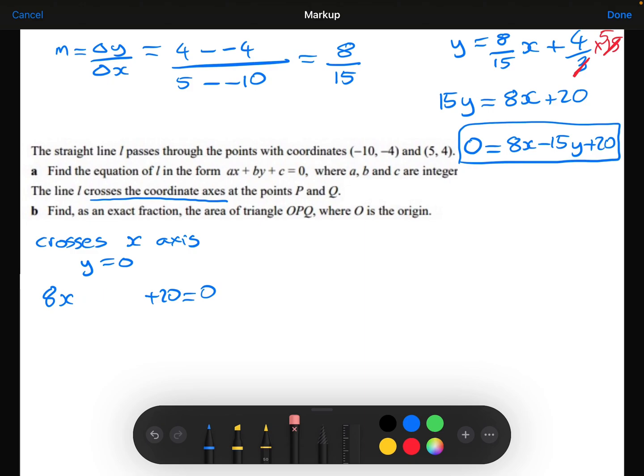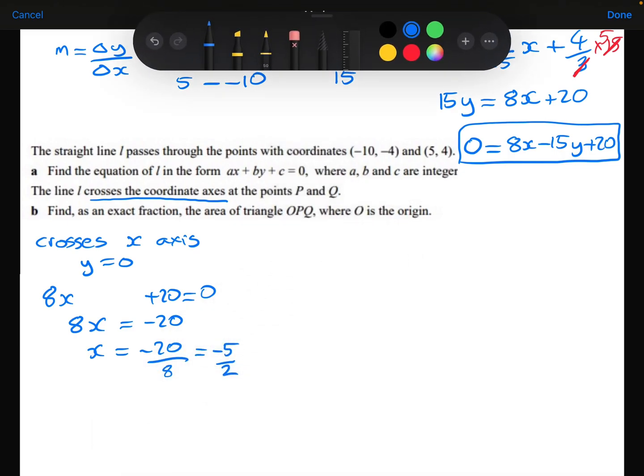So 8x plus 20 is equal to 0. Take 20 away from both sides. Divide both sides by 8. And minus 20 over 8 is the same thing as minus 5 over 2. So the point P or Q, it doesn't matter which way round you write it really, is minus 5 over 2, 0.